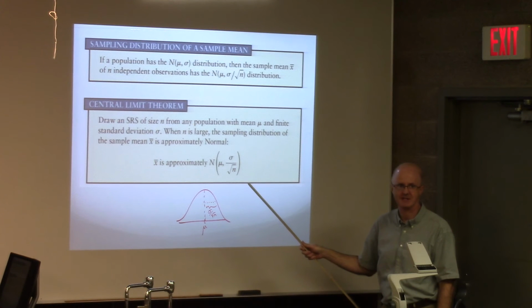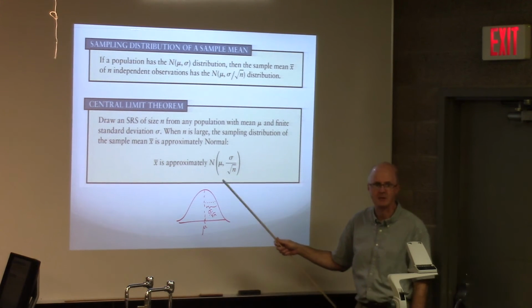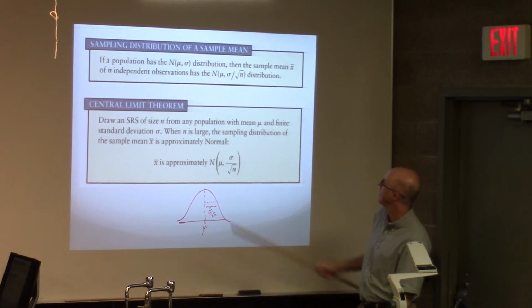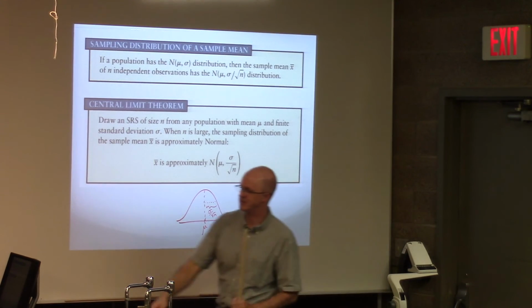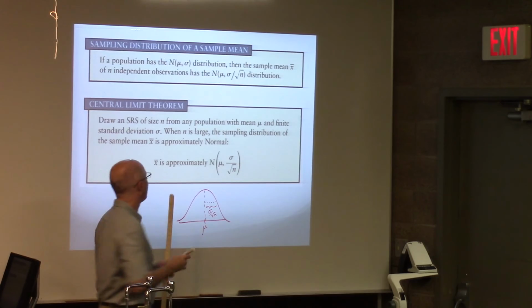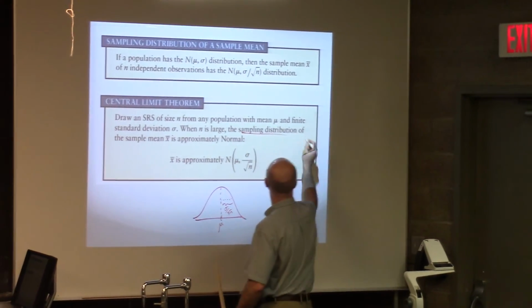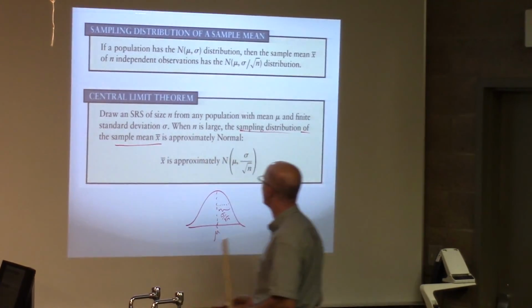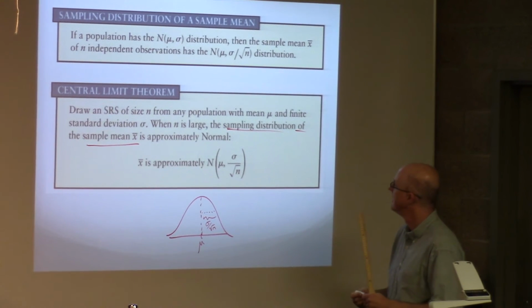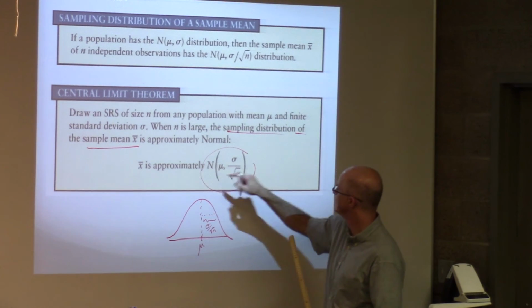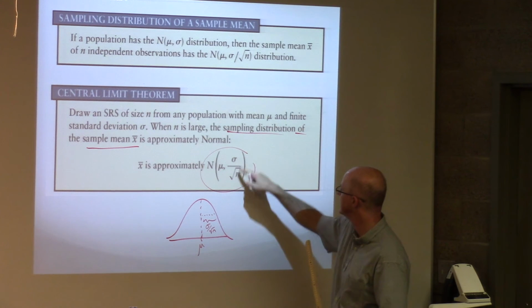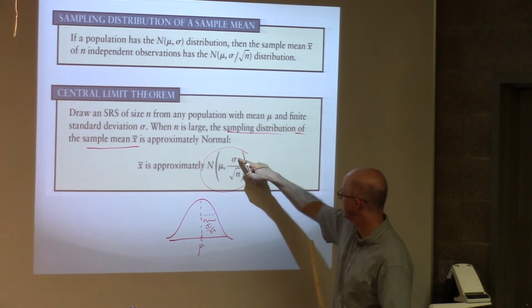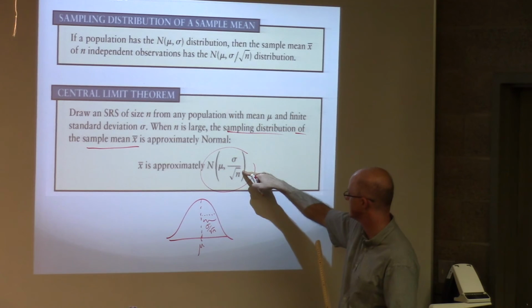It's good enough for us, though. We're not after proofs. We're after intuitive ideas. When n is large, the sampling distribution, keyword there, sampling distribution, of x bar, the sample mean, is approximately normal. Using this symbolism: normal with the mean mu, which is the population mean, and standard deviation sigma over square root of n, the population standard deviation divided by the square root of the sample size.